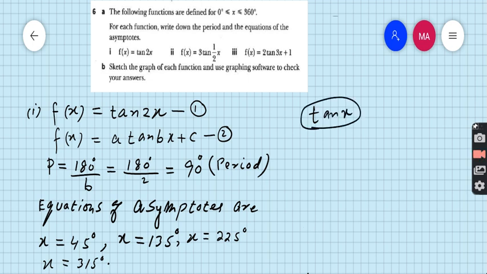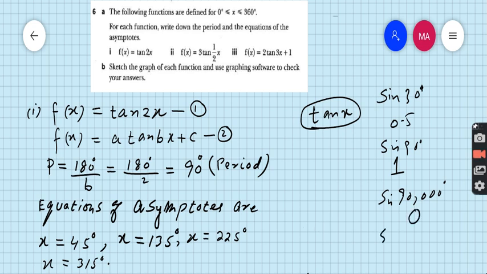Tan can take any value. For example, if you find sine 30 degrees, you will get 0.5. If you find sine 90 degrees, you will get 1. If you find sine 90,000 degrees, you will get 0.